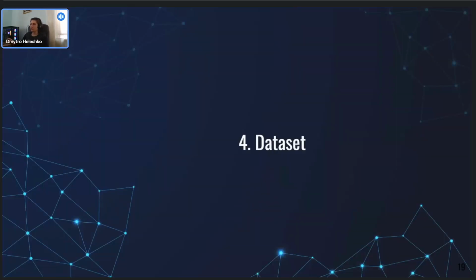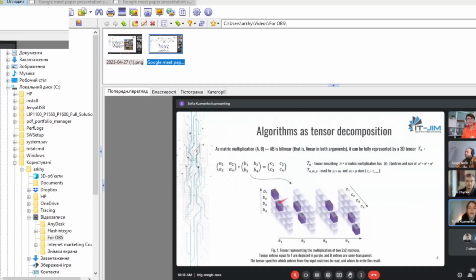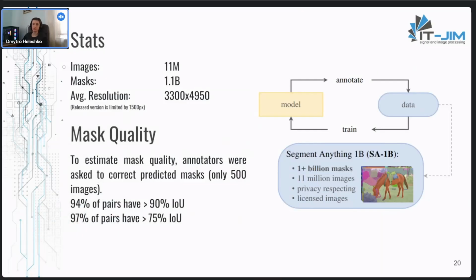Now, let's look at this absolute unit of a data set. As I've said earlier, it consists of 11 million images and 1.1 billion masks, and the average resolution of the images in the dataset is 3,300 pixels by almost 5,000 pixels, though in the released version, it is limited to 1,500 pixels.